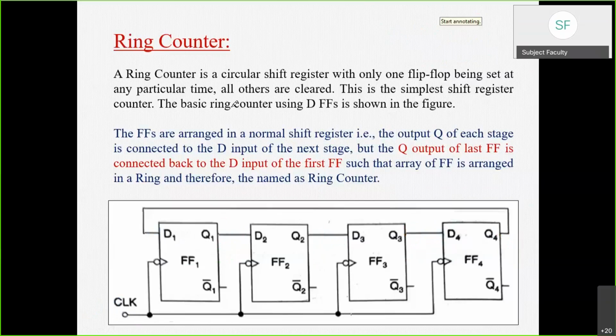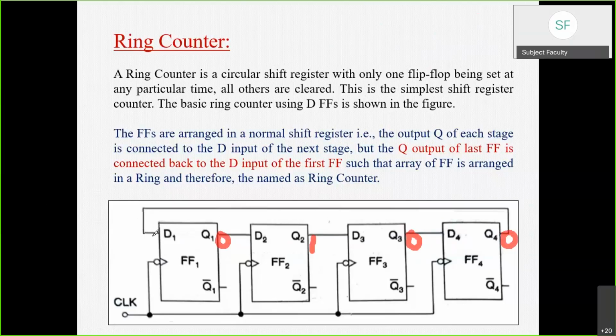So our current output or sequence was Q1 was 0, Q2 was 1, Q3 was 0, and Q4 was 0. Again, you have to write the new inputs. So what will be the new inputs? I'm denoting it in blue.